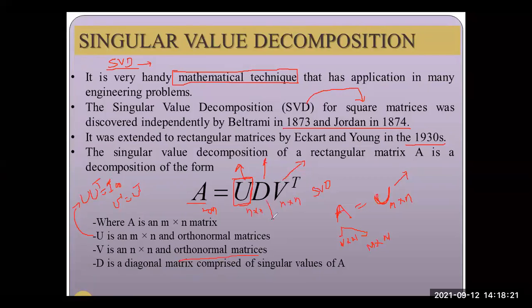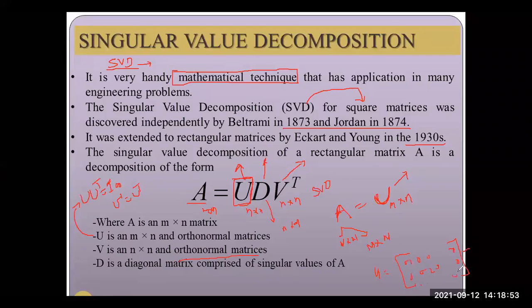And now D is your n cross n matrix. Okay, and it is a diagonal matrix, or we can say a diagonal matrix comprised of the singular values of A. Diagonal matrix means it will have only diagonal entries, like row 1, 0, 0, 0, then 0, row 2, 0, 0.